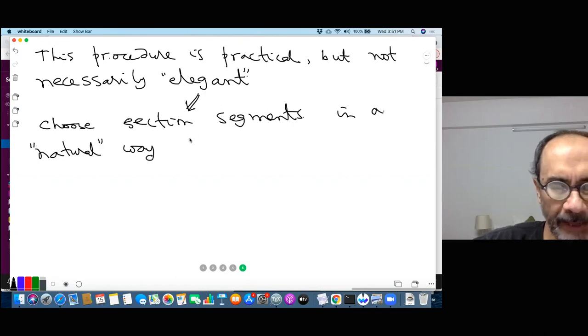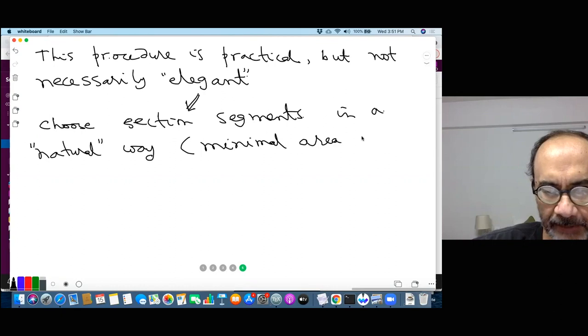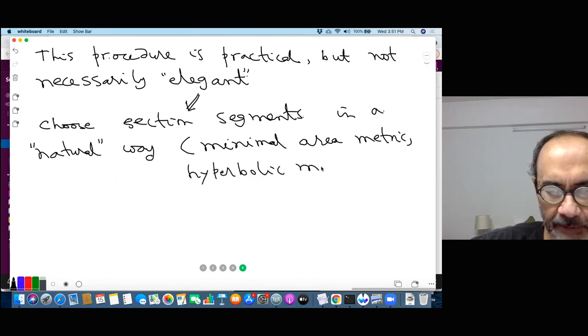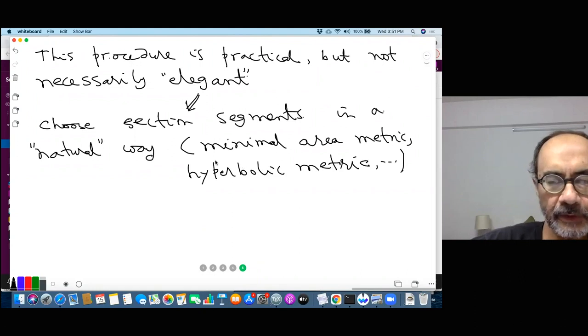Some of the names I'll just quote, for example, minimal area metric, or hyperbolic metric. I'll not describe any of these. These basically all correspond to choosing the section segments and the local coordinates in some nice way. But for our purpose, this is good enough, because all we need is that we should be able to organize the amplitude as a sum of Feynman diagrams.